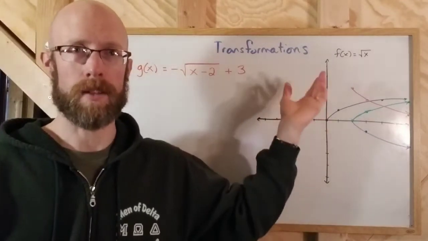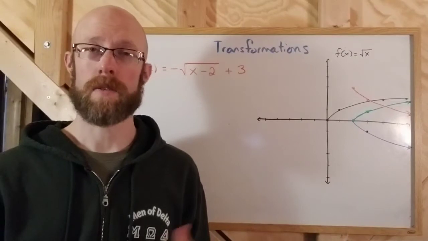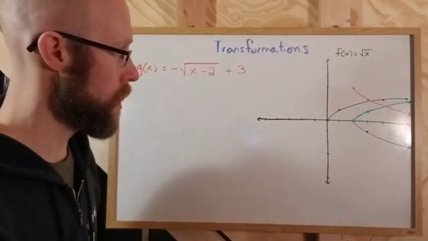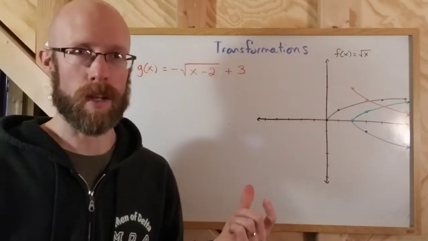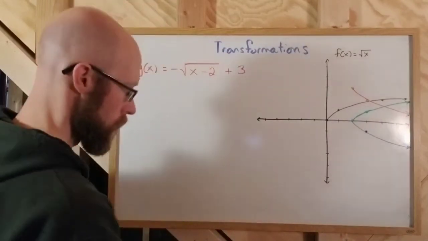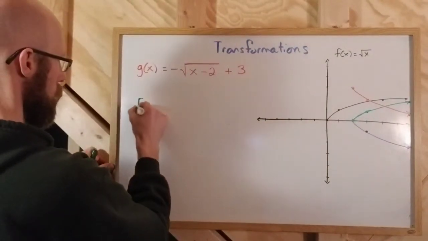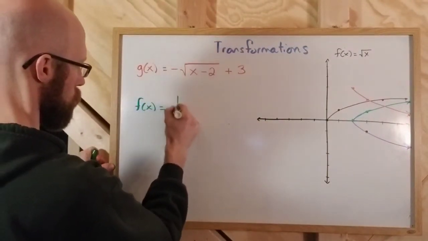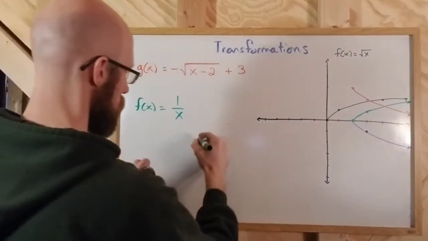I'm picking on the square root of x because, like I said before, it's not symmetric, and so you don't get any weird situations like, I'll show you one here. If I were to use the function 1 over x, our reciprocal function, for instance.